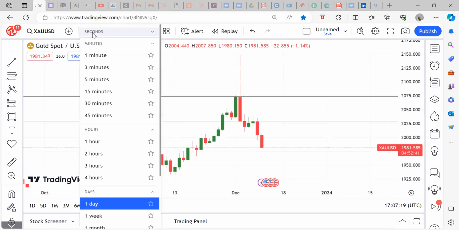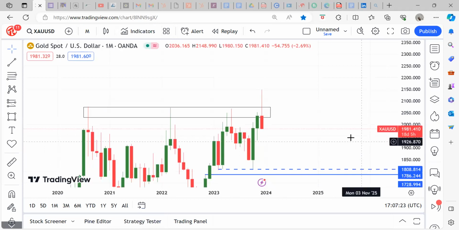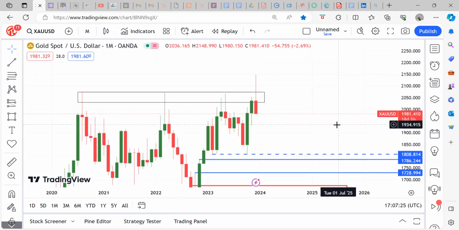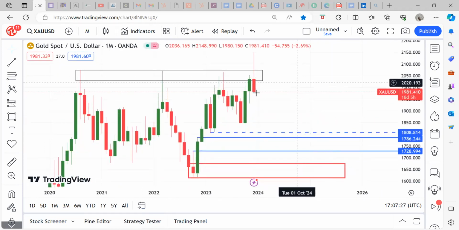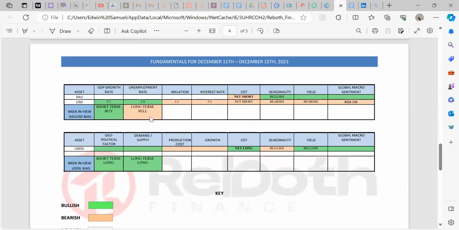Let me go to the monthly time frame. However, technically, this is not yet clear. Until it gives us a clear direction technically, we can't start shorting. But macro is telling us that long term is a sell. All right, so let's keep that at the back of our mind.